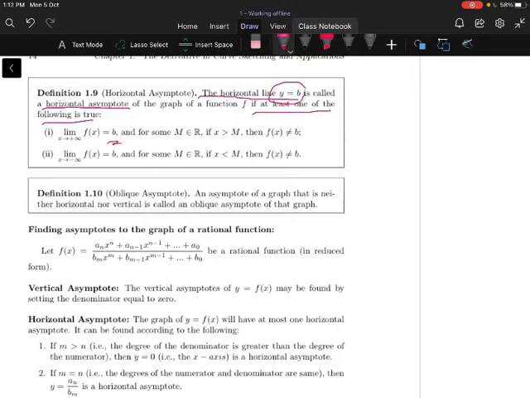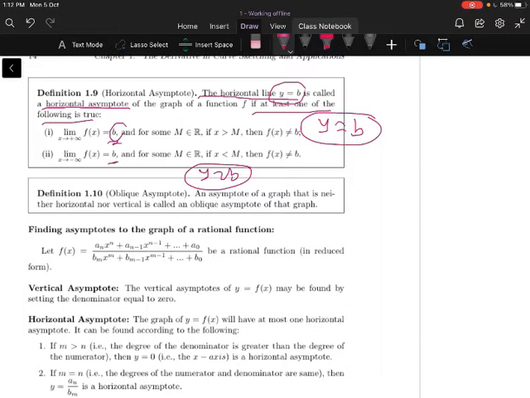How do we get the horizontal asymptote? Just let x extend to plus infinity for the function f of x. If we get a finite limit value, then that value b gives a horizontal asymptote. Otherwise, the limit of the function f of x as x extends to minus infinity goes to b. So therefore, y is equal to b is a horizontal asymptote.